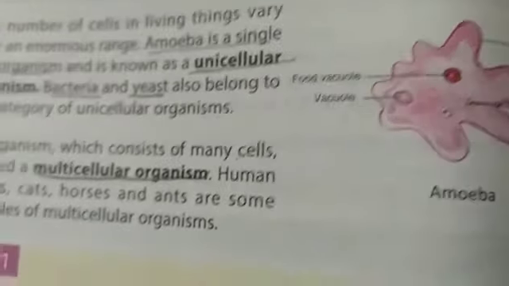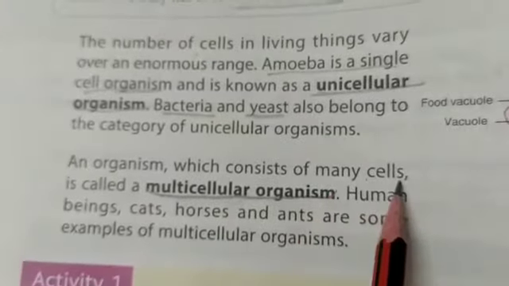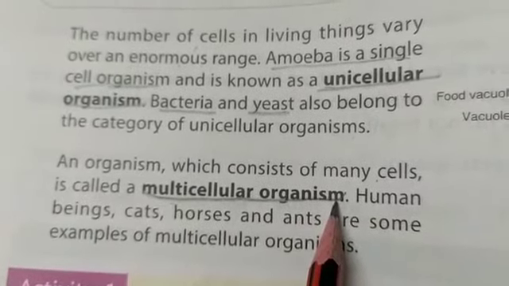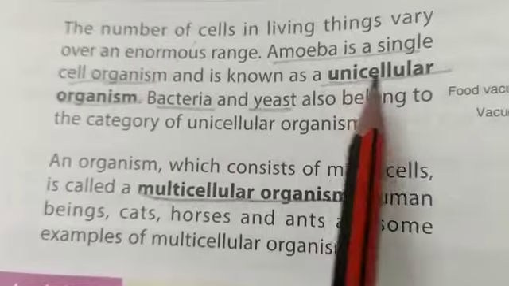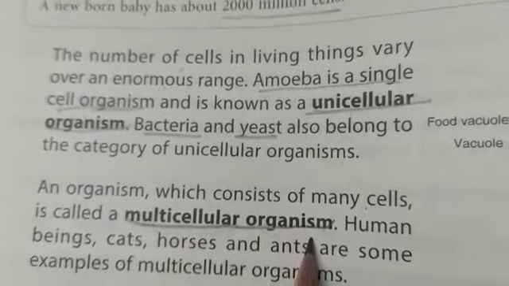After that, an organism which consists of many cells is called a multicellular organism. A single cell you have called unicellular, and having more than one cell is said to be a multicellular organism.